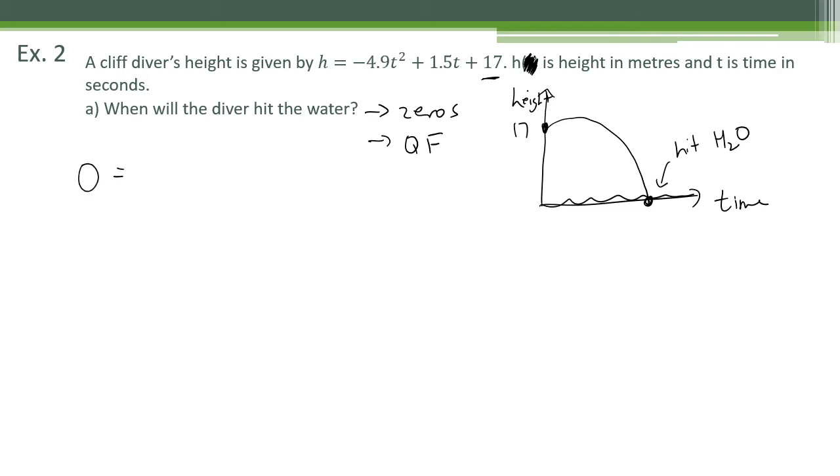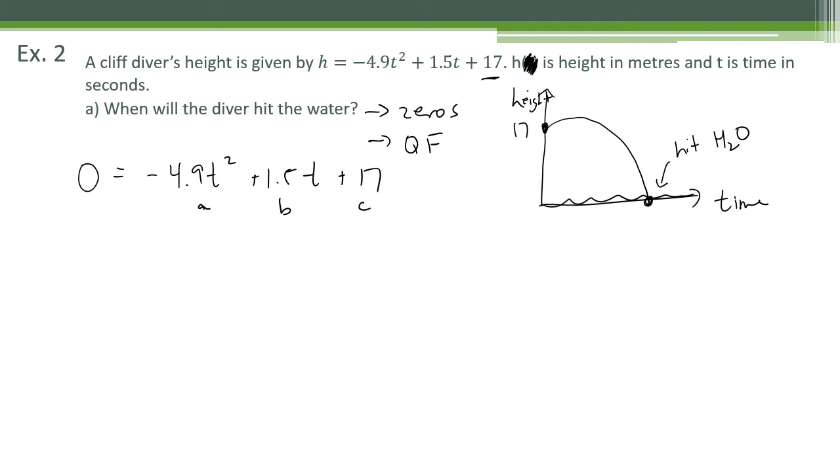So we started with this: 0 equals negative 4.9t squared plus 1.5t plus 17. That's your A, that's your B, that's your C. Now, even if you didn't last time, I am going to ask you this time: pause the video, put those through the quadratic formula, and come back with your answers.